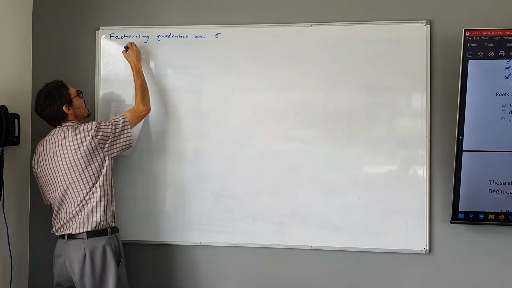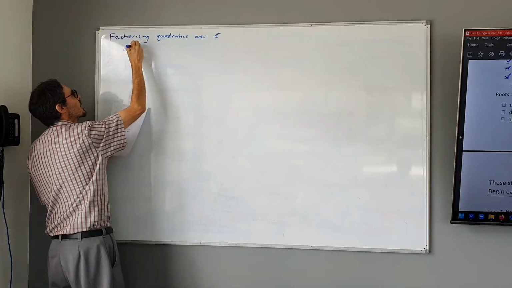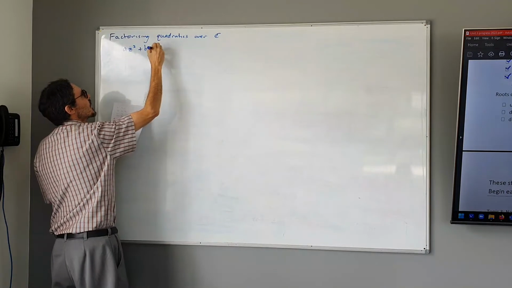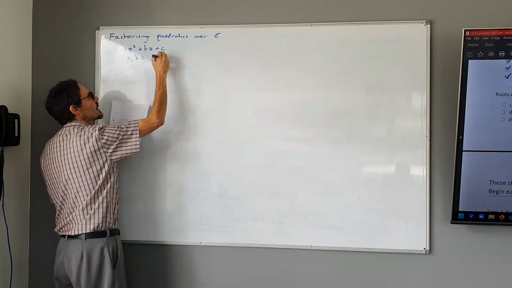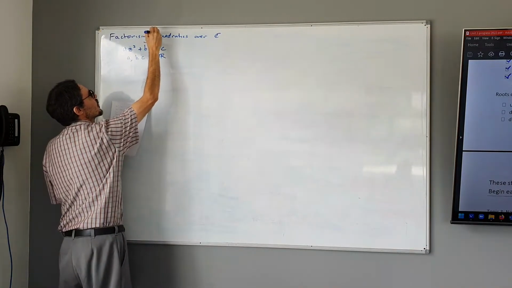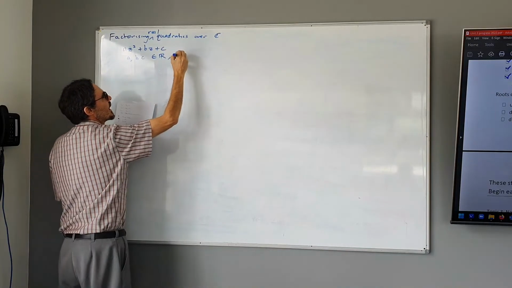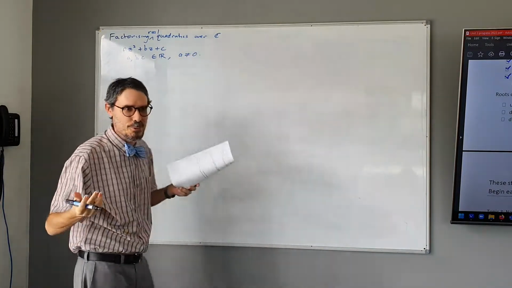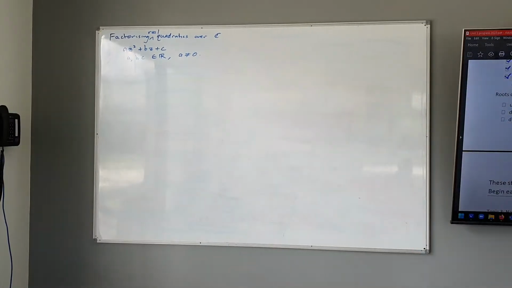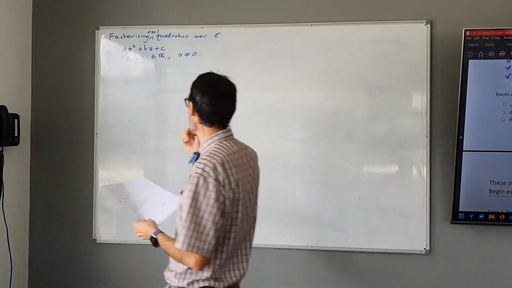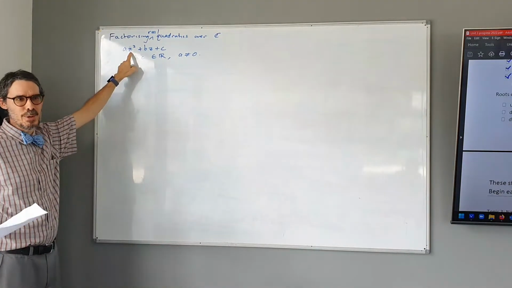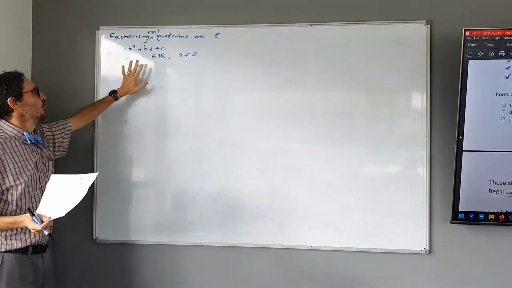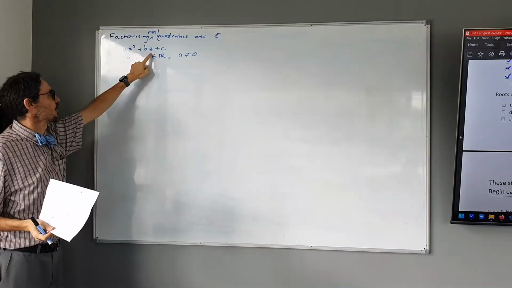So I might use Z to remind you, az squared plus bz plus c, where a, b and c are real numbers, so we're actually factorising real quadratics, and a is not equal to 0, otherwise it's not a quadratic. That's what we're trying to do. You can use an x or a z or a p or a q, I don't care, as long as you know what the coefficients are and what the variable is that's squared.